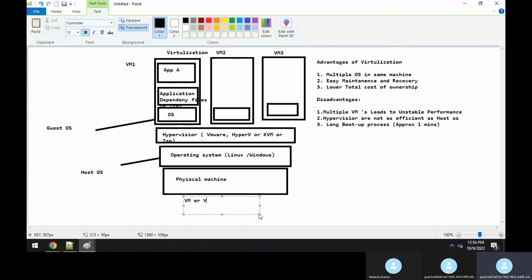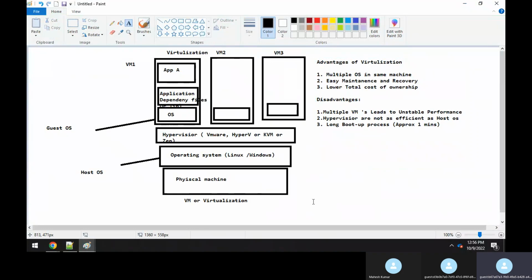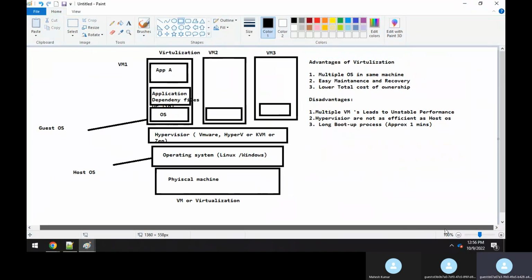Now, how does it happen in a container, more specifically a Docker container? I will draw it here in the same slide so that I need not go to one more slide.